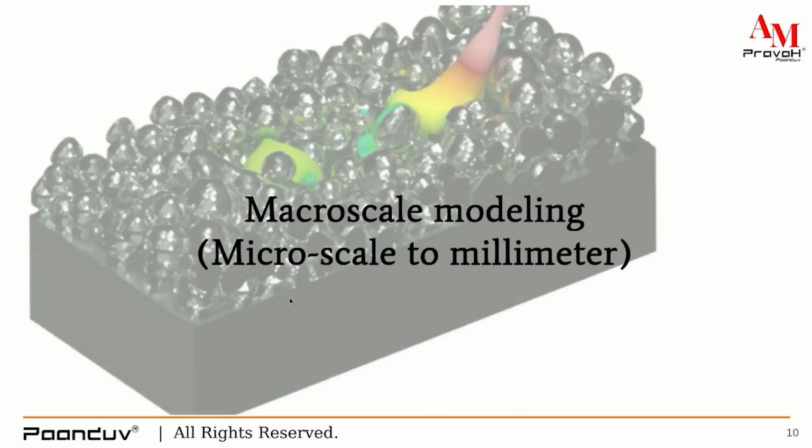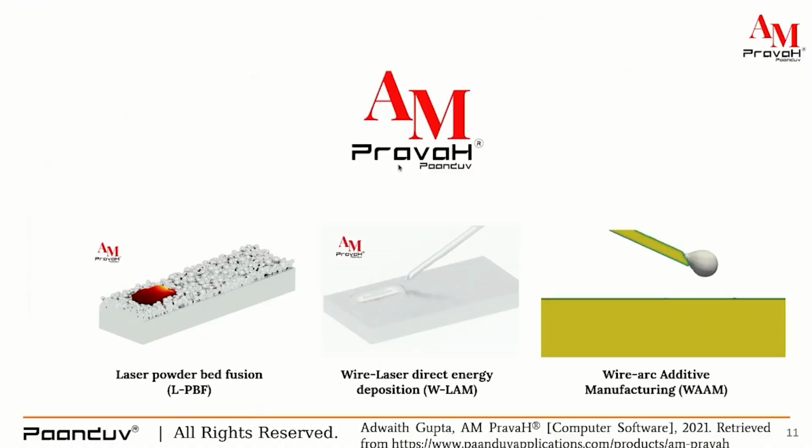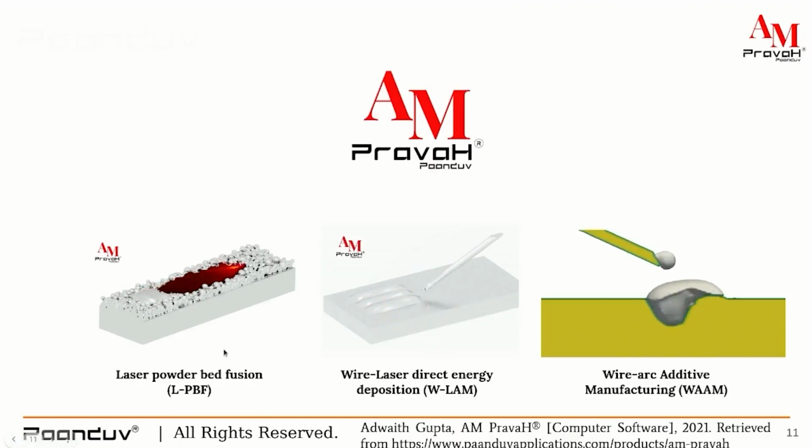Now coming to the next chapter of LPBF. Now we have gotten the feedstock, good quality feedstock. Now we are using this feedstock in our LPBF process and creating this good high packing density particle bed. So PravaH, as already mentioned, is applicable for laser powder bed fusion, where powder is the feedstock.